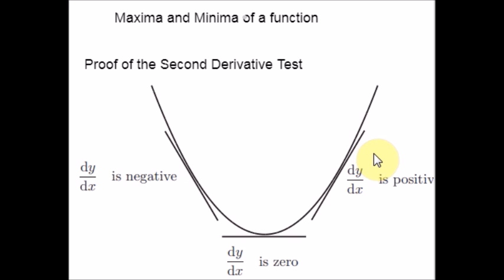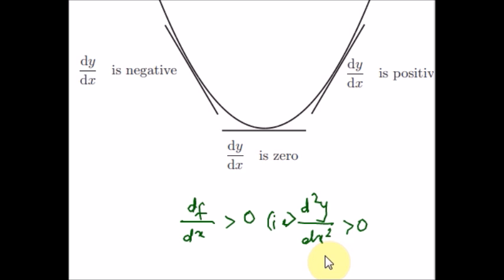The condition for a function to be increasing is df over dx is greater than 0, that is d square y over dx square is greater than 0. This confirms that the function will have a local minima if the first derivative is 0 and the second derivative is positive at that point. Hope you're clear with the second derivative test.